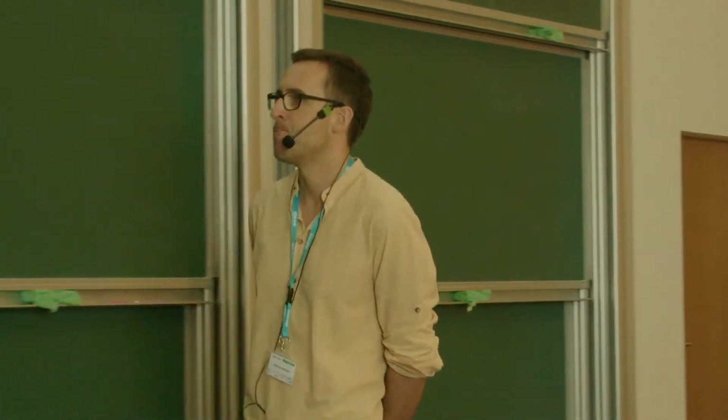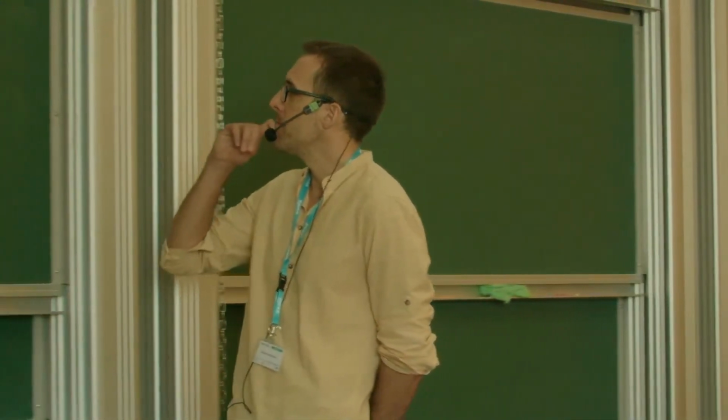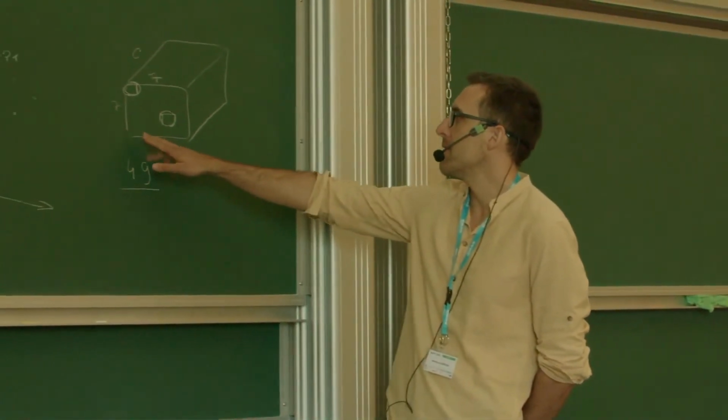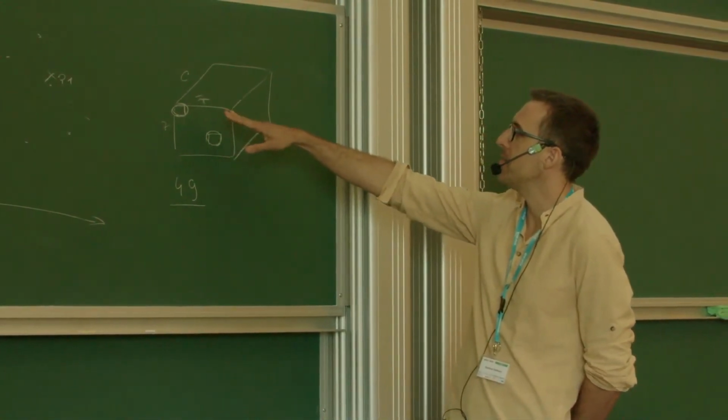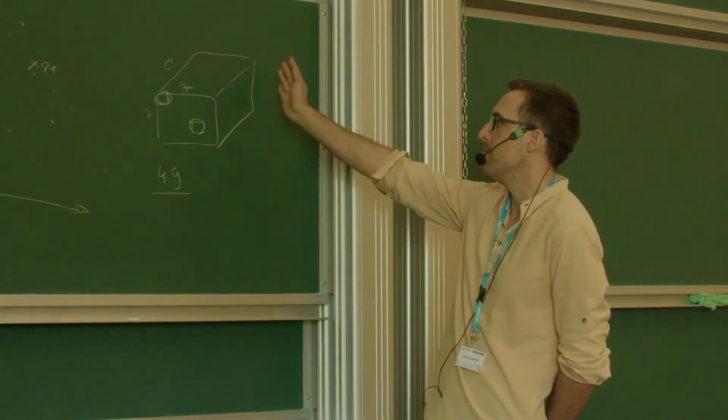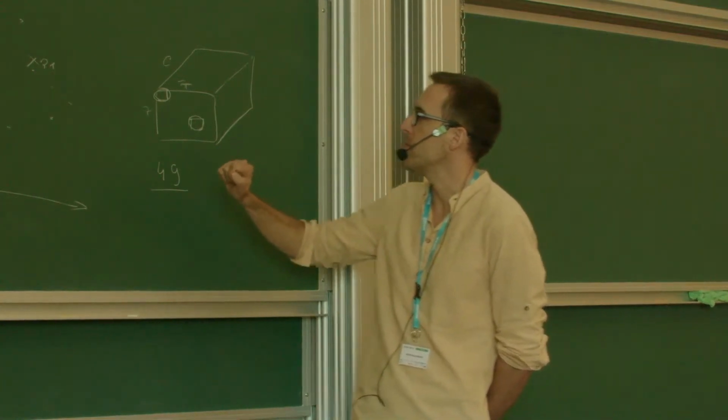So the 7 by 7 was just an example that can appear on the last convolutional layer.